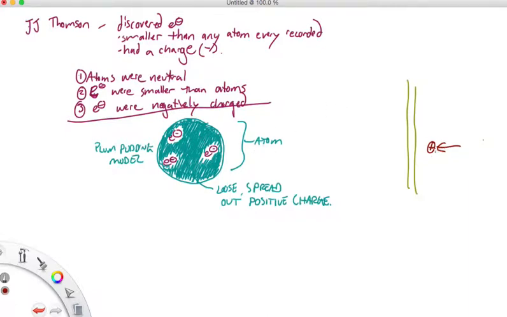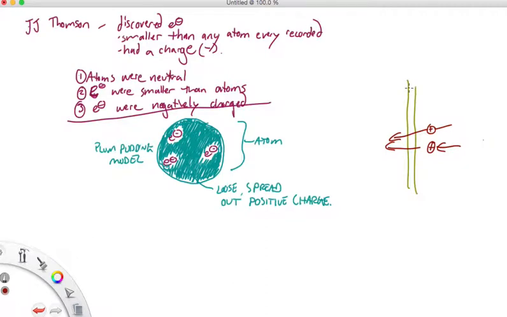This positive charge will go right through this atom. At least that's what he thought. It would just go right through it, no problem whatsoever. It would be like Swiss cheese, because this is like tissue paper compared to these guys over here, which are like bullets. It's like bullets ripping through tissue paper. They would not be repelled because it's so spread out, according to this model.